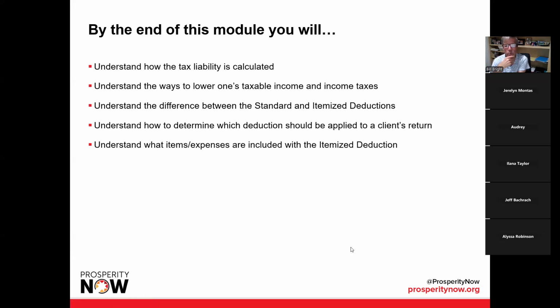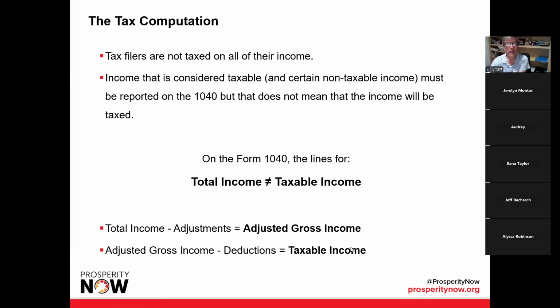And there's various ways to lower both the taxable income and then the actual tax that's calculated off of that. The difference between standard and itemized deduction. Again, which deduction will be used and what specific items we should be looking for on the off chance that we will itemize.